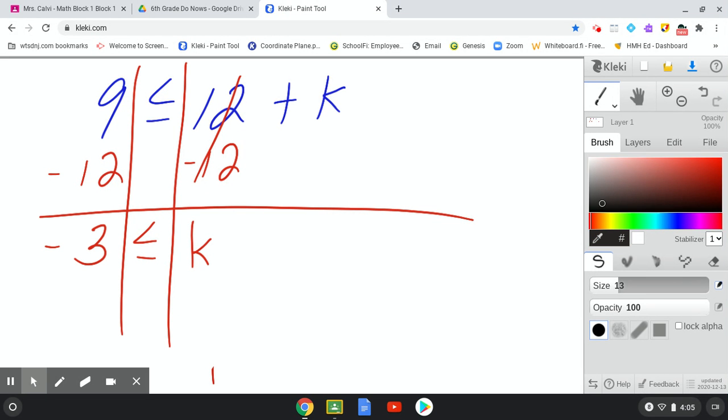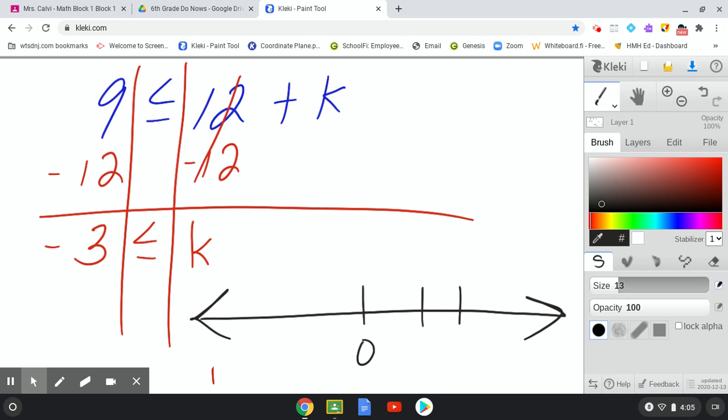All right, so now I have to go and graph. Step 1, make sure my variable is on the left side. Well, it is not on the left side. It is on the right side, so I need to go ahead and change my inequality. So remember, when we change this, it has to read the same thing.